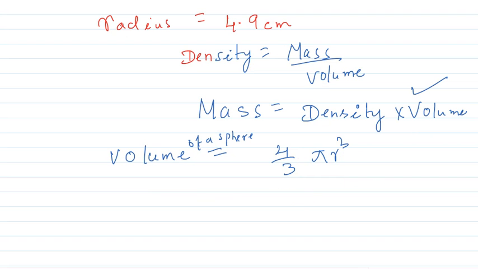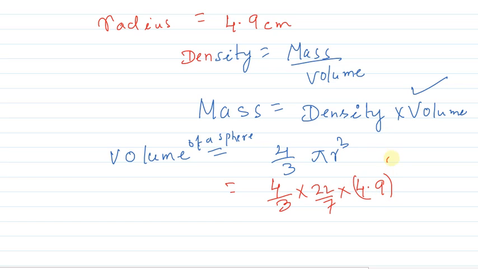Okay, very good. So just put the value and tell me. So it will be 4 by 3. What is the value for pi? 22 by 7. And what is the value for r? 4.9, right? 4.9 cube. All right.